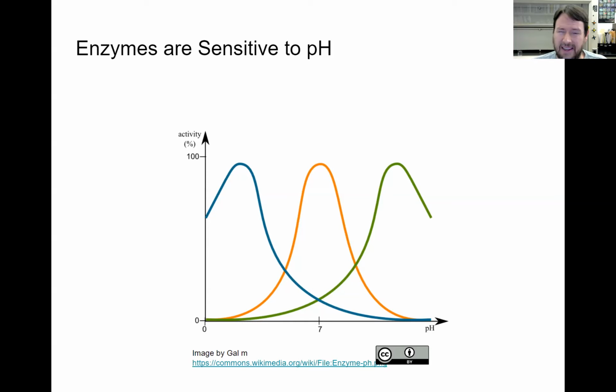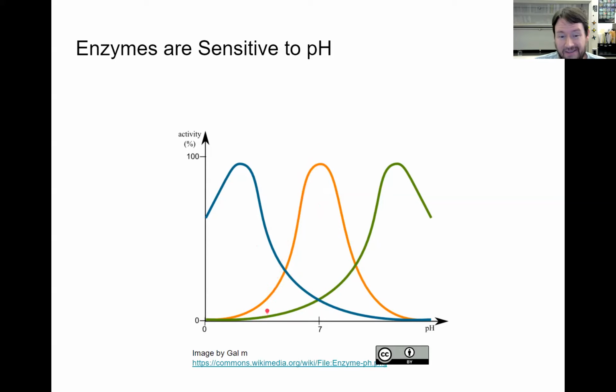But anyway, it doesn't matter. The exact value is somewhere near 7. And so a typical human enzyme like the salivary amylase that is working in our saliva to digest starch into simpler sugars is going to have an optimum activity at pH 7.